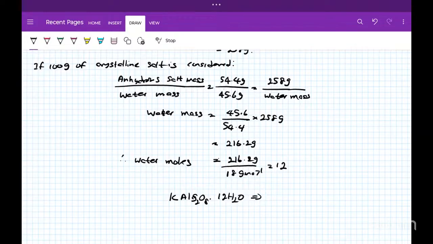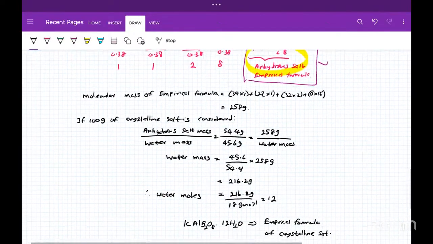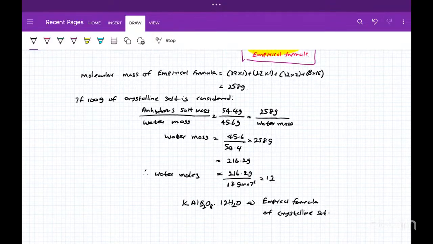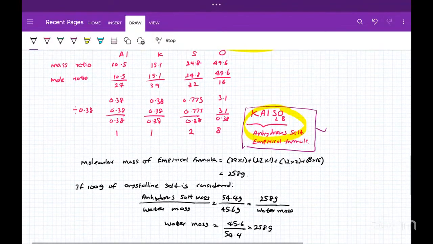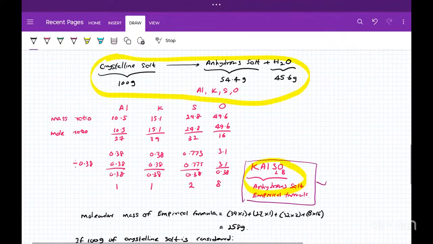So this is the empirical formula of the crystalline salt. I have taken a simple ratio for the calculation between the empirical formula and water, because it is given at the beginning of the question.